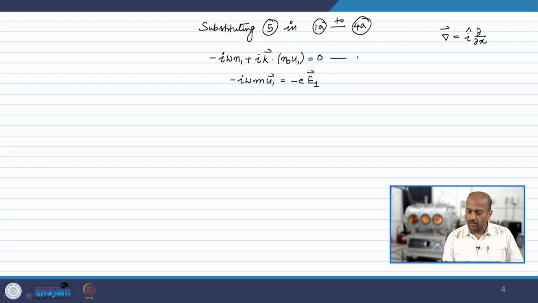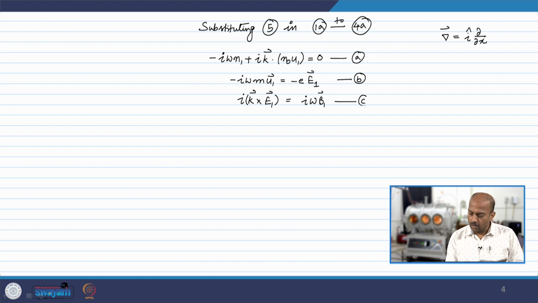Let us say we call this equation A, B. The Maxwell equation is i k cross E1 is equal to i omega B1, C. And then we have k cross B1 is equal to mu naught times minus e n naught u1 minus i omega epsilon naught E1, D.